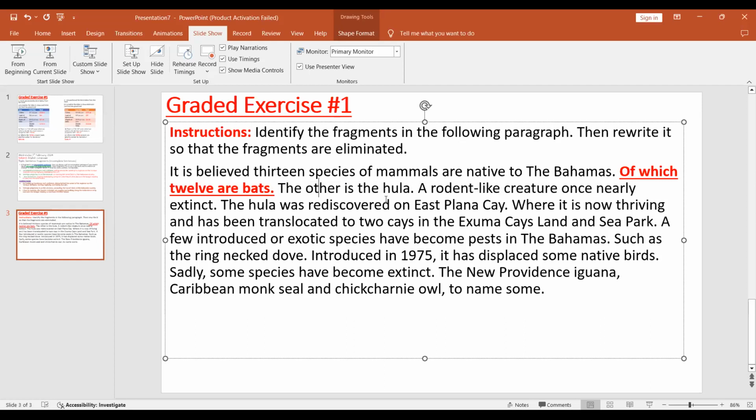Anything else? The other is the hula. That's not a fragment. The whole of a rediscovered rodent-like creature once nearly extinct. Yeah, a rodent-like creature that is nearly extinct. That's a fragment.